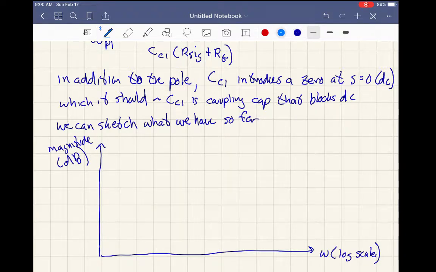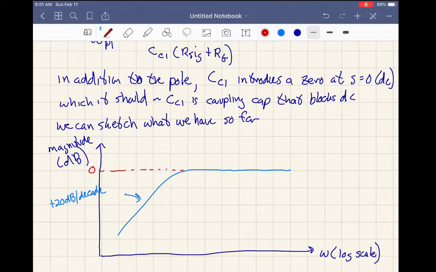We can define a curve here. I'm not the best artist in the world, but hopefully you'll get the idea. We have a slope here of plus 20 dB per decade in this section. We can define some magnitudes here, making my little dashes in red. We can show a 0 here.